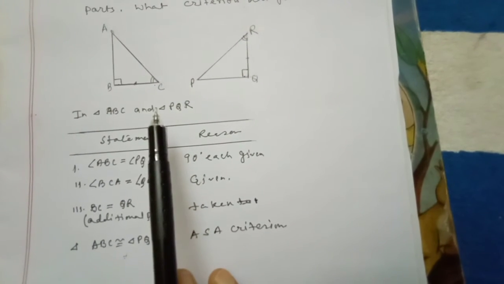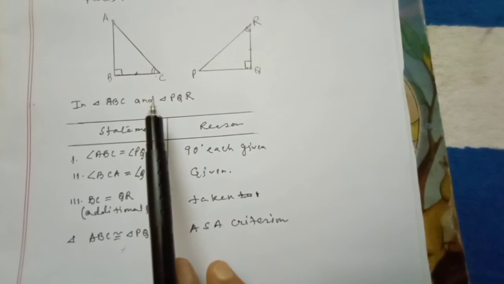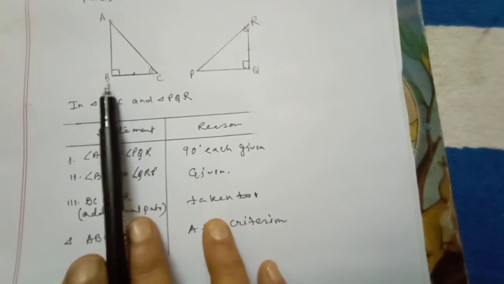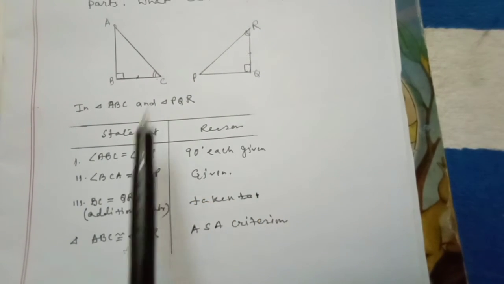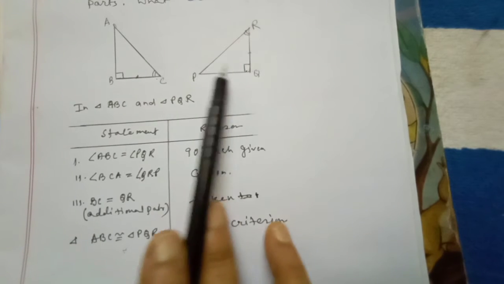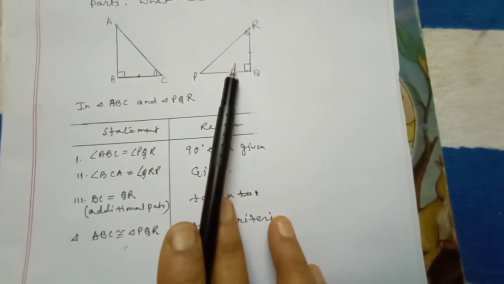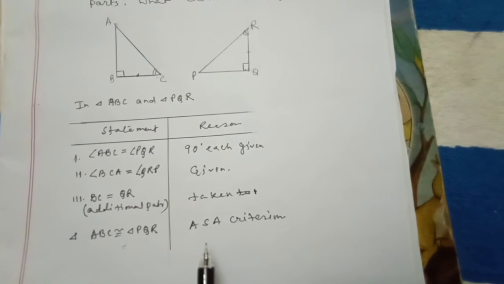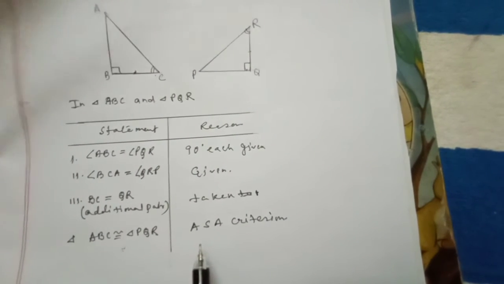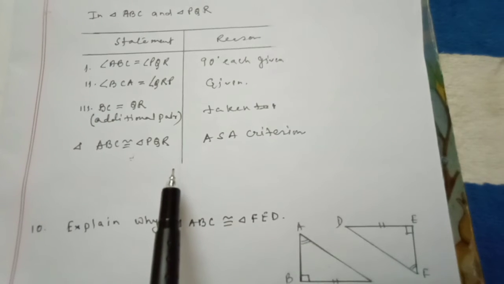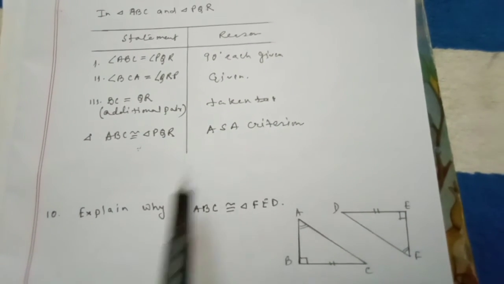We need another additional pair, which we have taken as BC equal to QR, and after taking this we can prove that triangle ABC is congruent to triangle PQR by using the ASA criterion. Come to the next question.